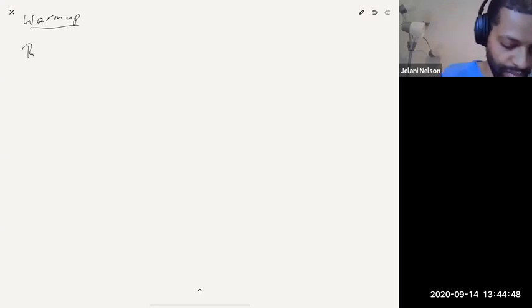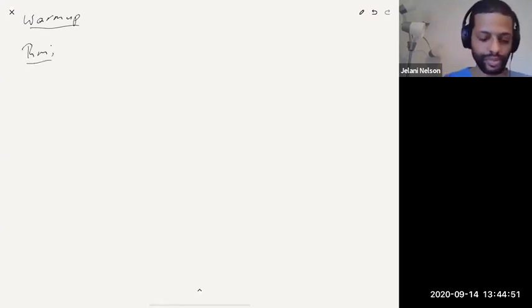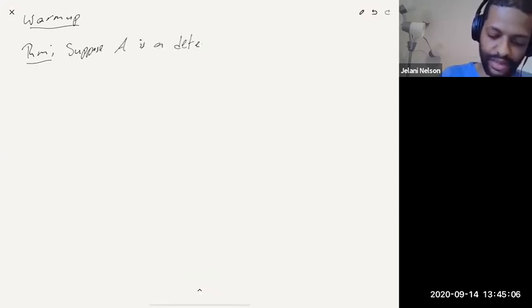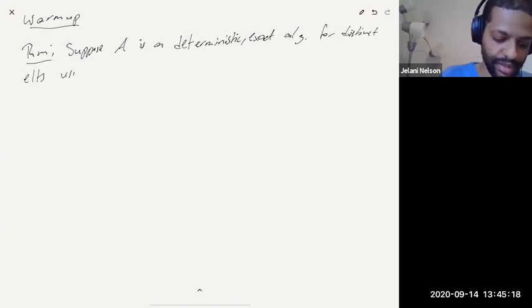So, theorem. Suppose script A is a deterministic and exact algorithm for distinct elements using S bits of memory.